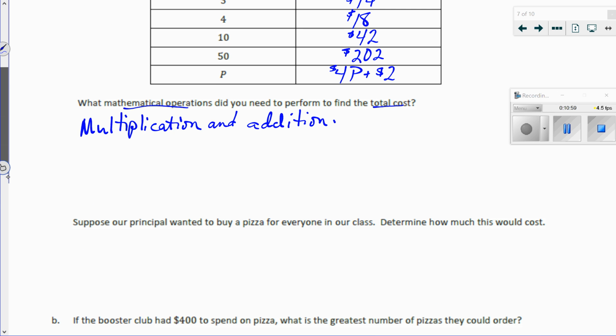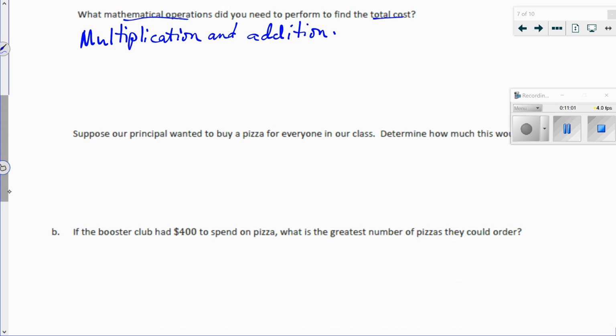Okay, our next part. Suppose our principal wanted to buy pizza for everyone in our class. Determine how much this would cost. So we had, yes? Okay, so you did C. Why 6C? Why 6?